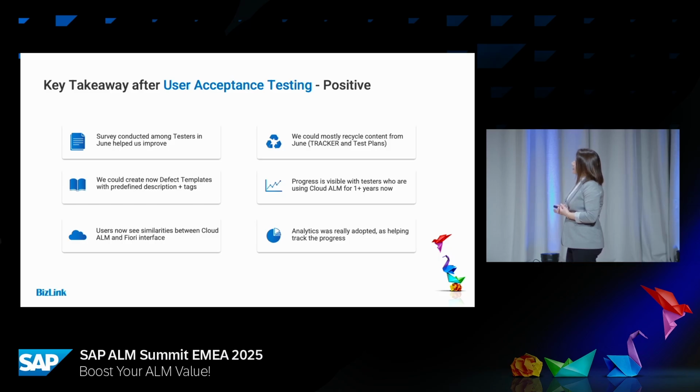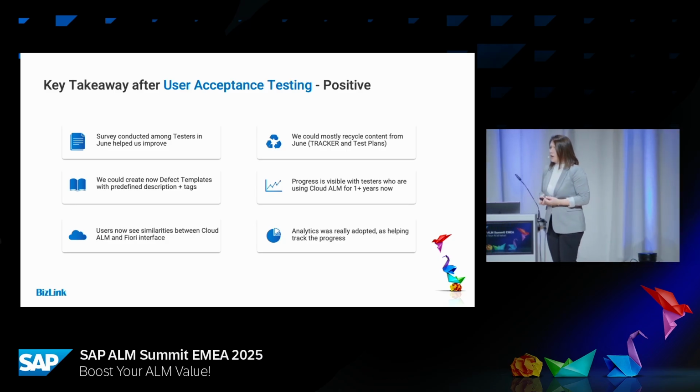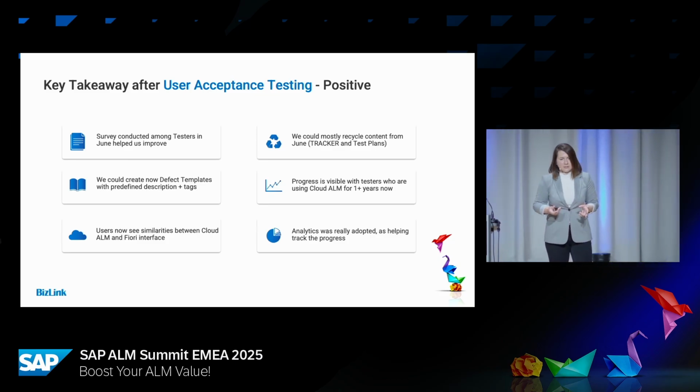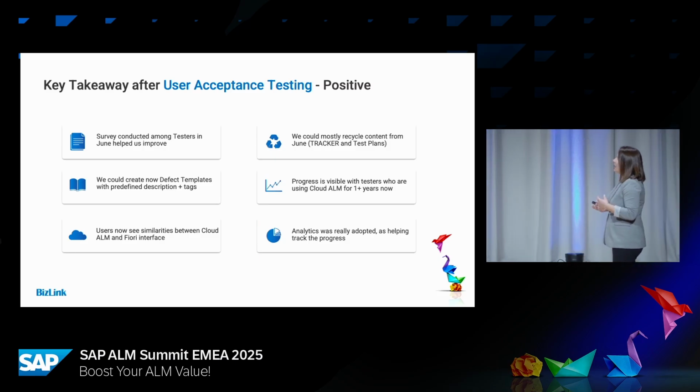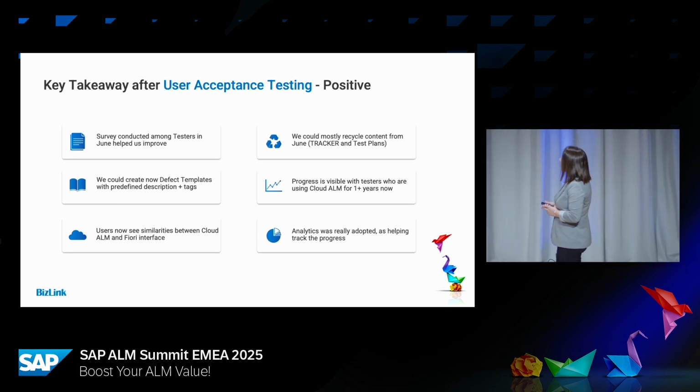And we were really impressed with some of the users. These were not occasional but active users in Cloud ALM who did business process testing, data validation, retesting, defect reporting and so on. It's a certain percentage, not all users, but you could really see how far they have come in this one year already.